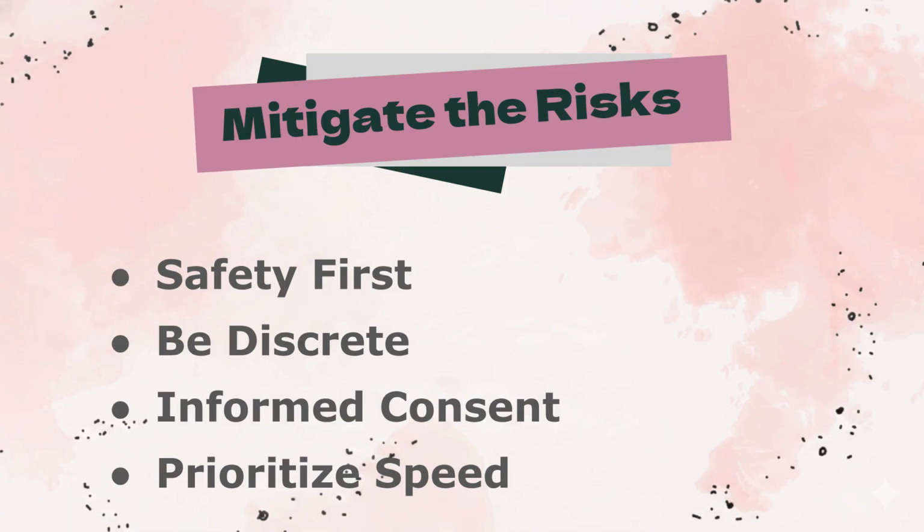Informed consent. You need to ensure everybody understands exactly what the process looks like. It includes the parents, staff, and sometimes, when appropriate, the student. And finally, prioritize speed. Collect the data you need to be accurate. Don't let the assessment phase drag on forever.